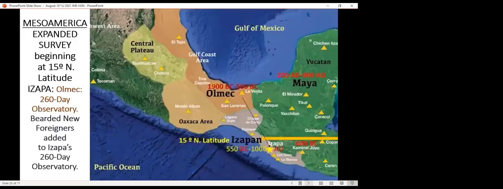So Mesoamerica expanded, with Olmec and Zapotec 260-day observatory. In this map, Zapotec is shown as the major center revealing this cultural expansion.